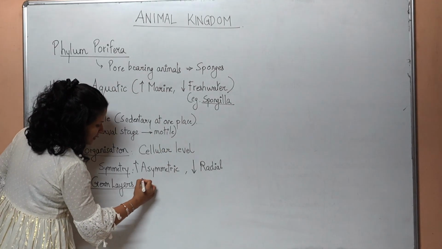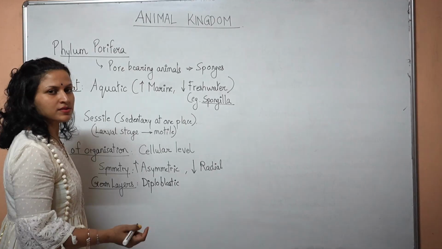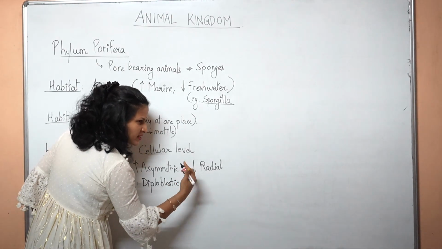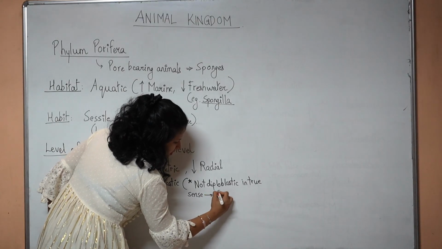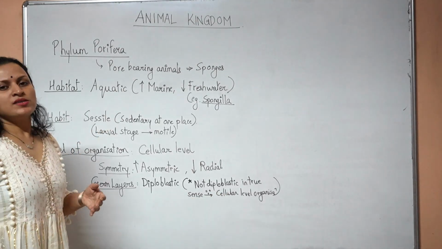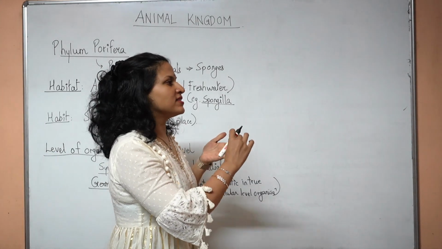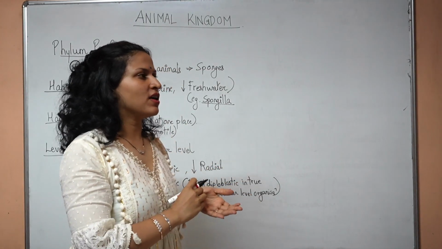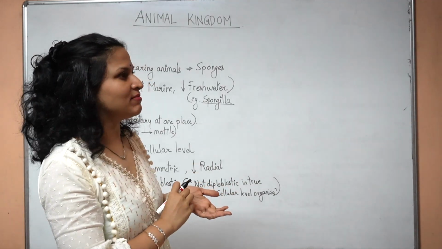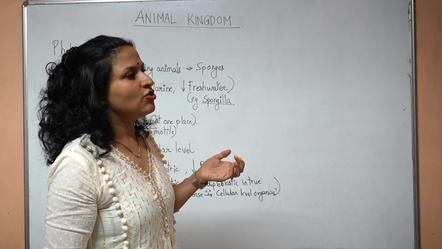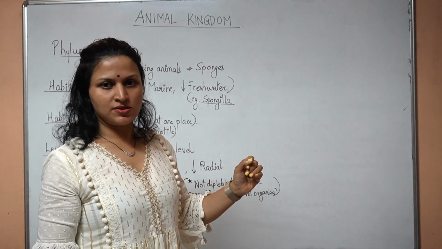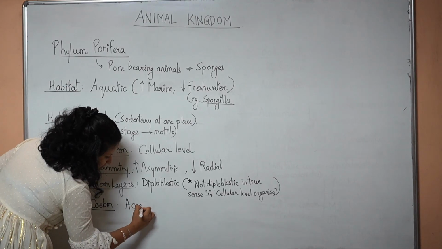Germ layers, we can say diploblastic since they have 2 germ layers, but you can just mention over here, not diploblastic in true sense, since they have cellular level organization. See, if there is a question, who among the following has diploblastic organization, and in the options you have, let's say Porifera, you have Cnidaria, you have Platyhelminthes and Aschelminthes, then you will not go for Porifera, you have to go for Cnidaria. Understood? Coelom, acoelomate animals.